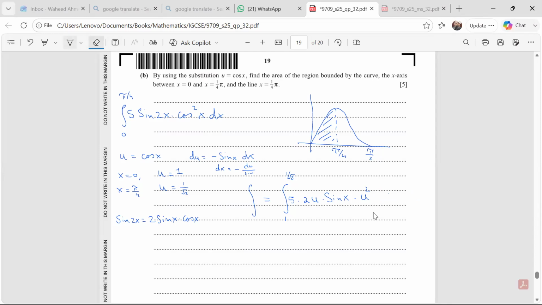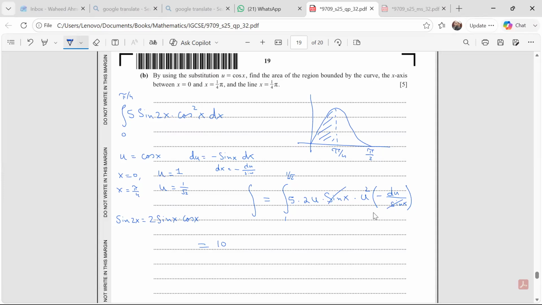So basically dx is minus du over sine x. So this sine x cancels with this sine x, and I have 10 and then u cube, integral du, that's it. I have this negative sign, and the integration is from 1 to 1 over under root 2.